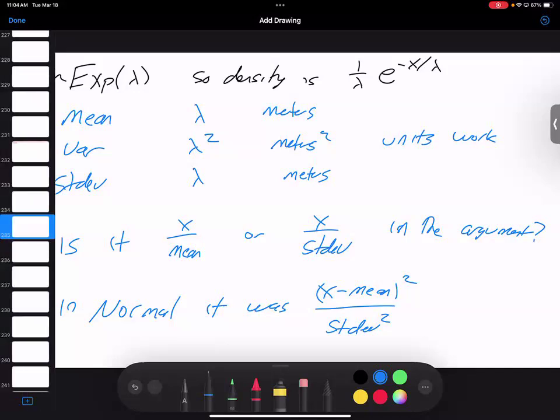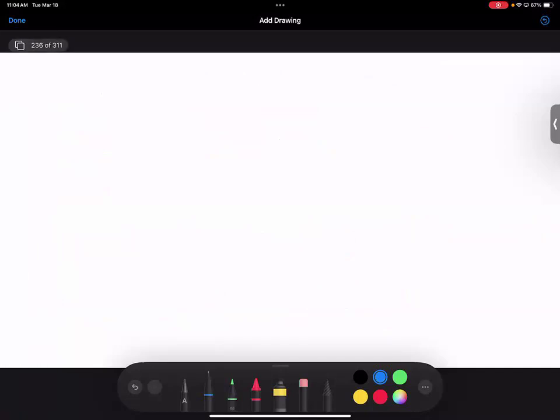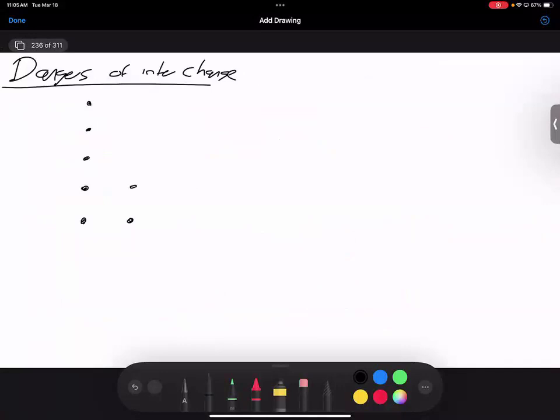Okay. I want to do a quick aside about the dangers of interchange. So what I'm going to do is consider an infinite grid in the upper right quadrant.